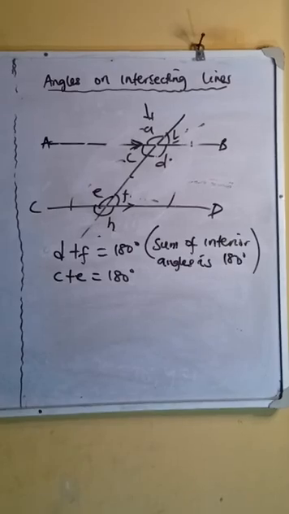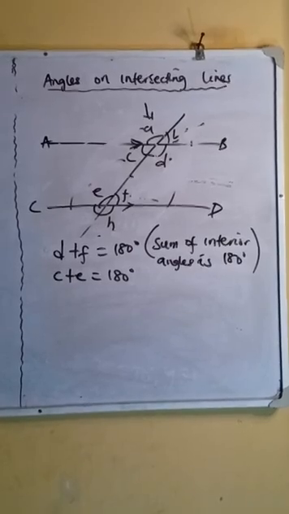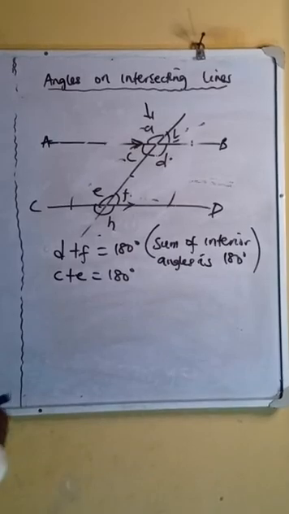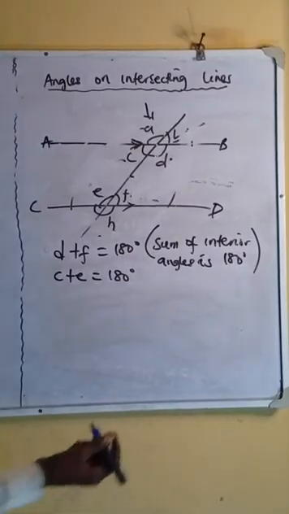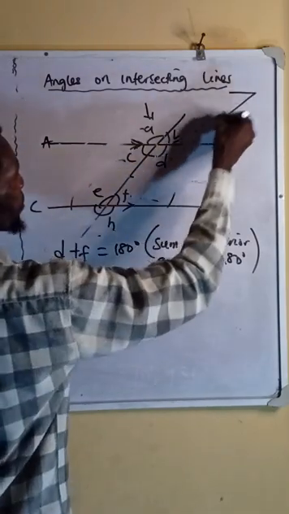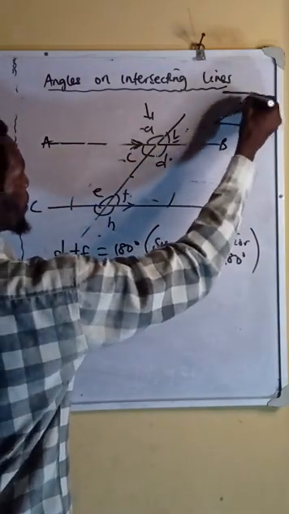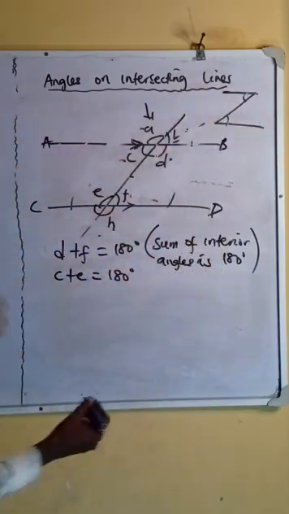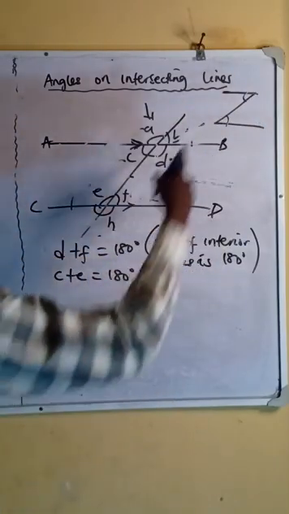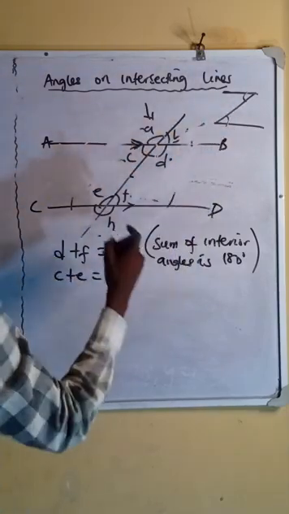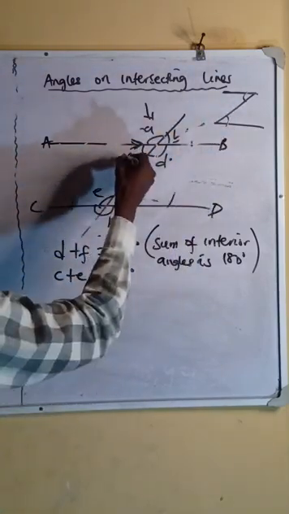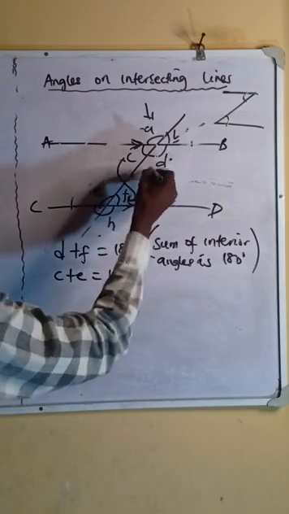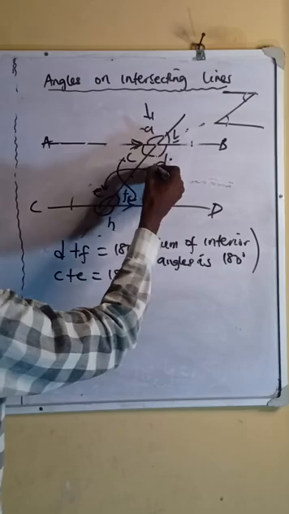So what next? Now the next one is alternate angles. I love using this for my students to recognize alternate angles. You look at a Z, look at it this way. When you see these angles are alternate, this is what we call alternate angles.